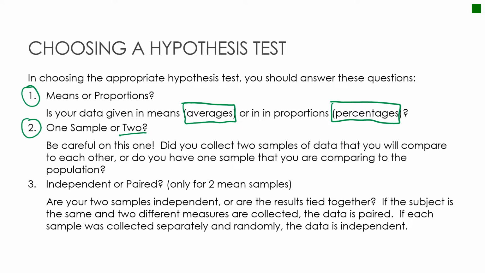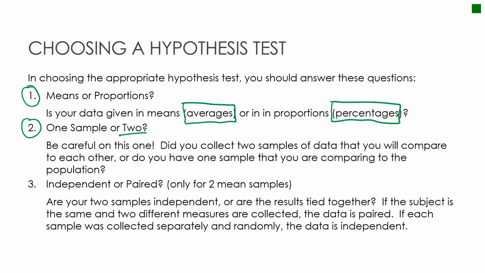So I might have a set of data for men and a set of data for women, where I'm trying to compare two different distributions. Again, be careful. Do I actually have two samples, or do I have one sample that I'm comparing against what we believe should be true? This week we'll actually have two physical sets of data or not. That's the question you have to ask yourself. Again, this will make so much more sense once we look at some examples together.